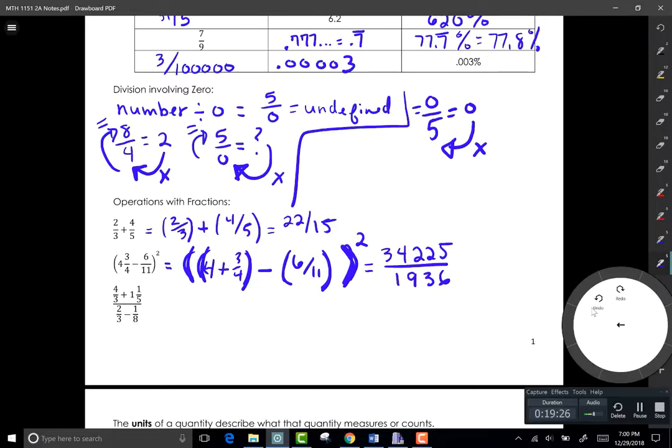Okay, now the last example, I put this one in your notes because I wanted to emphasize how important it is when you have a fraction within a fraction. So in the numerator I have fractions, in the denominator I have fractions of the big fraction. So I have different fraction bars here. That's called a complex fraction.